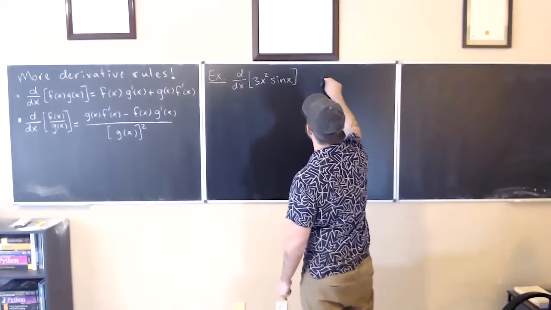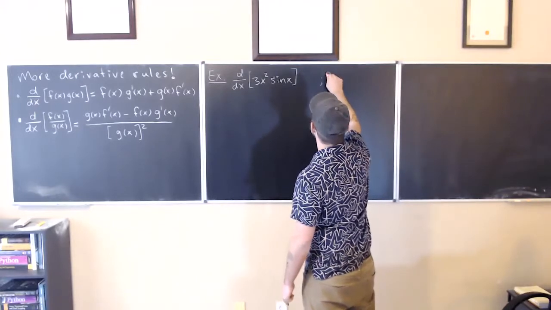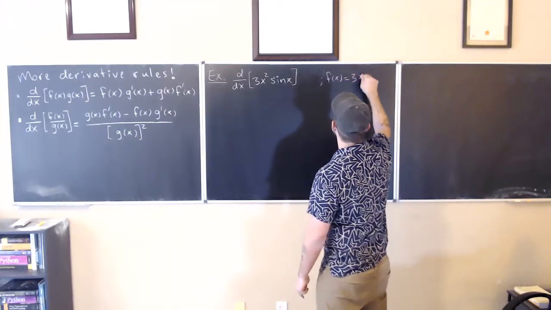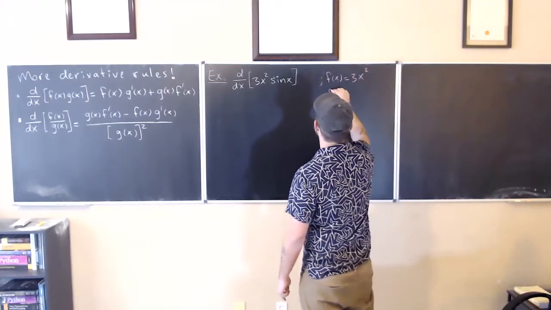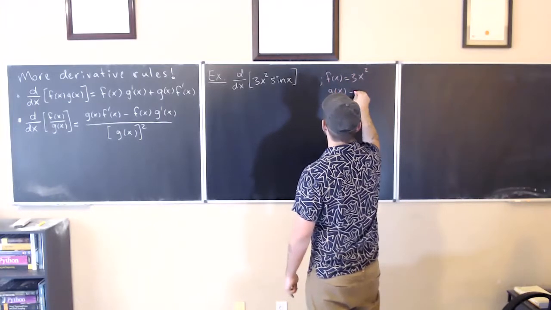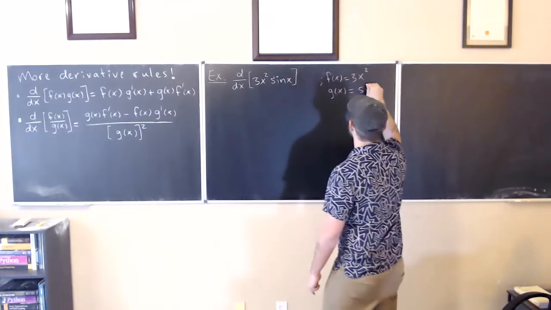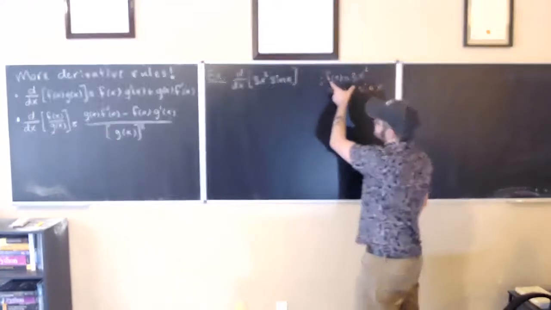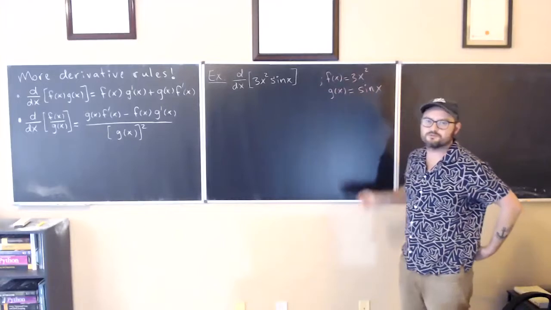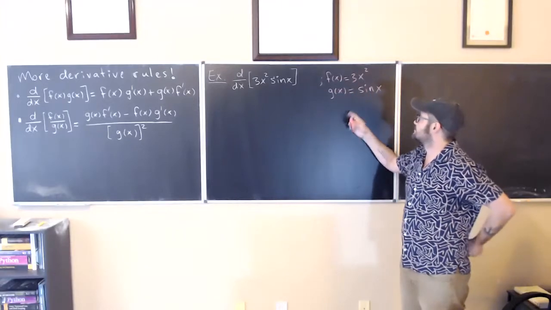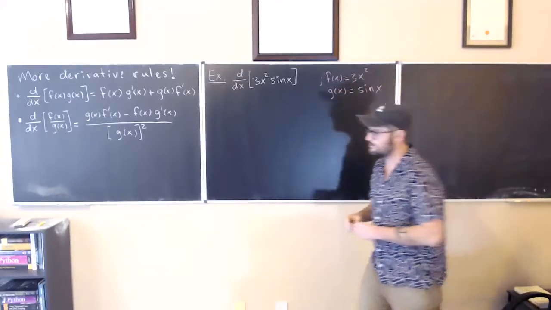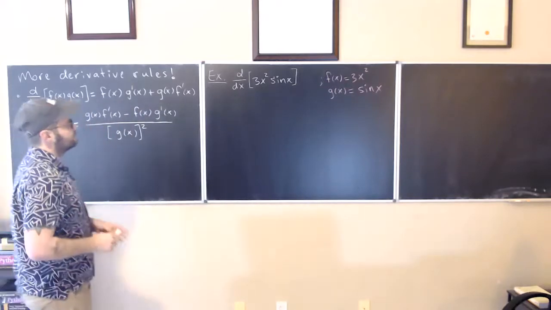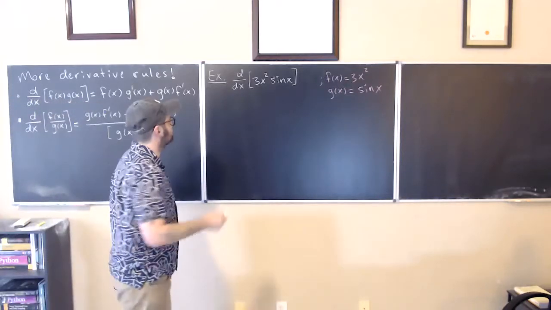So we could say, for example, that f of x is going to be the function 3x squared, and g of x is going to be the function sine of x. So then we see that this is a product of these functions. We know that both of these are differentiable. It's a simple polynomial, and we know that the sine function is differentiable. So then we can apply the product rule to find the derivative of this product.